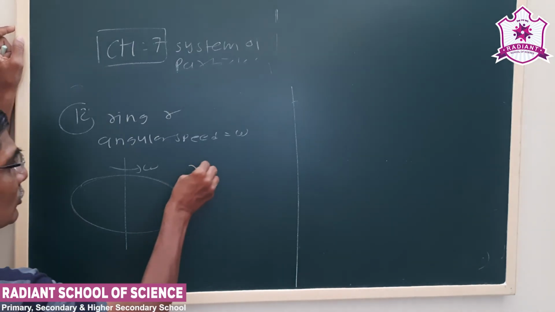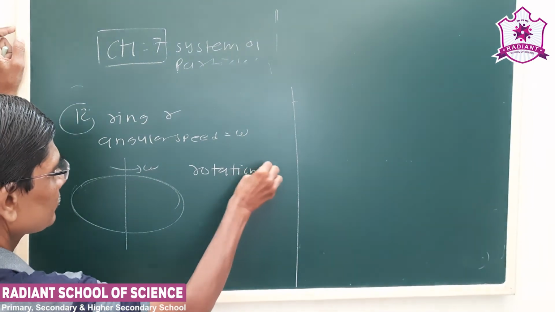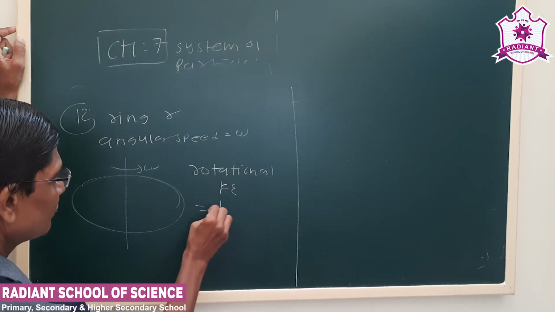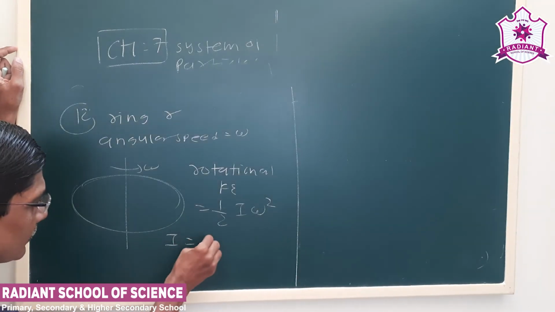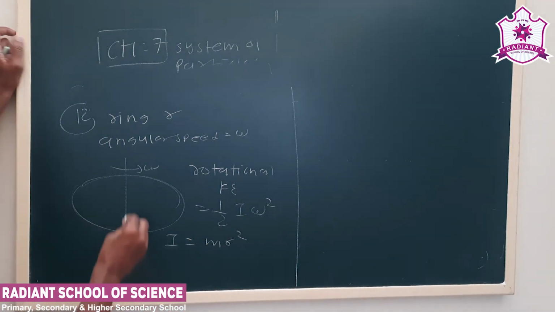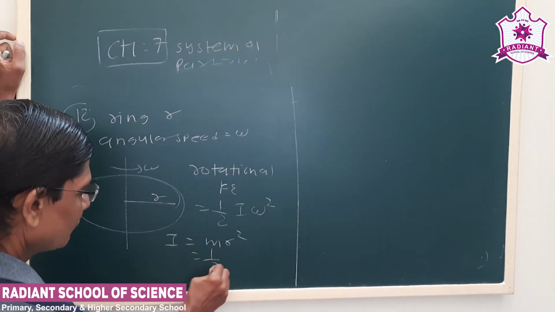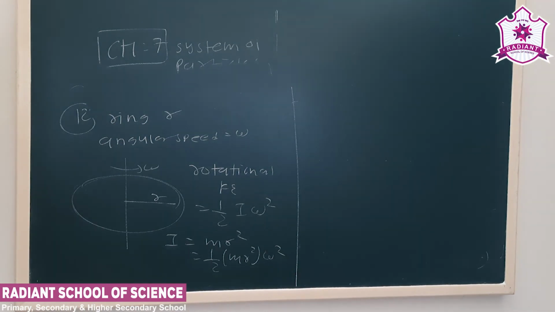Now see, here we have to talk of rotational kinetic energy, 1 by 2 I omega square. For a ring, the moment of inertia we know is mr square. Here it is given in terms of small r. So 1 by 2 mr square omega square. So the rotational kinetic energy of the ring will be 1 by 2 I omega square.